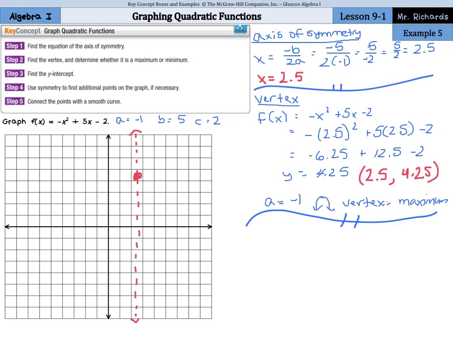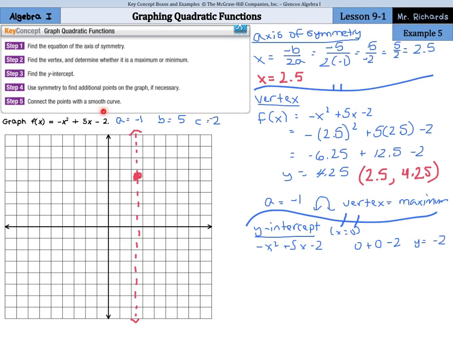Now, step 3, y-intercept. Again, technically we're supposed to look at our negative x squared plus 5x minus 2, and technically it's where x equals 0, so we would have 0 plus 0 minus 2, and so our y-intercept is going to be negative 2.